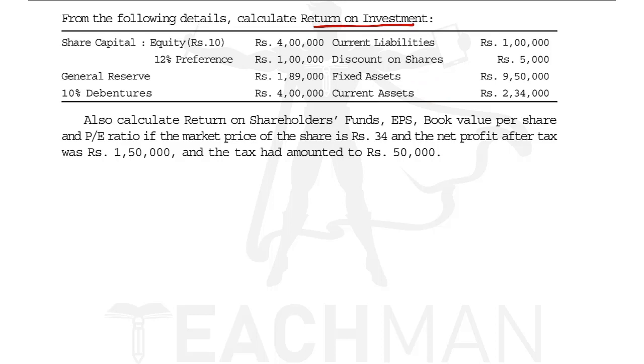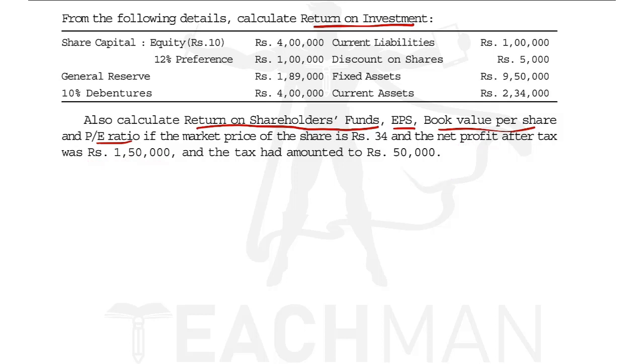Then they are telling us to also calculate return on shareholders fund, EPS, book value per share, and P/E ratio if the market price of the share is 34 and the net profit after tax is 1,50,000 and the tax had amounted to rupees 50,000.